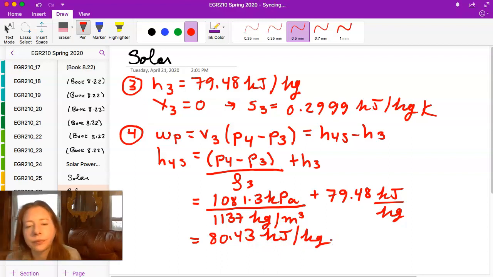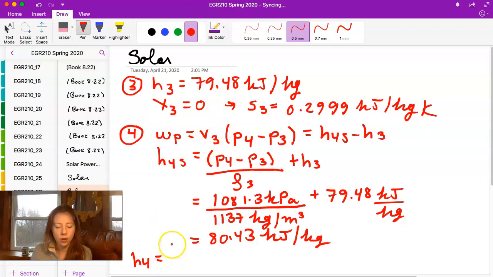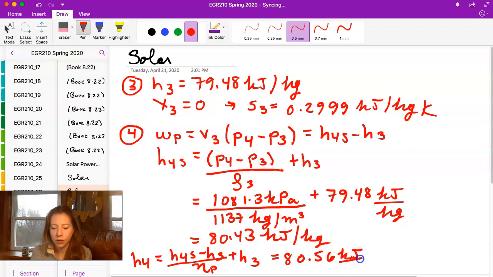All right. So, and then just remember that H4 is going to equal H4S minus H3 over the efficiency of the pump plus H3. And when this is all said and done, we get 80.56 kilojoules per kilogram. Okay, so now let's go ahead and fill in the rest of the parts of this problem.